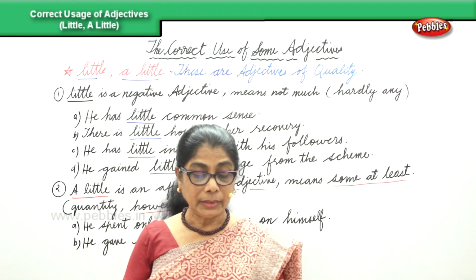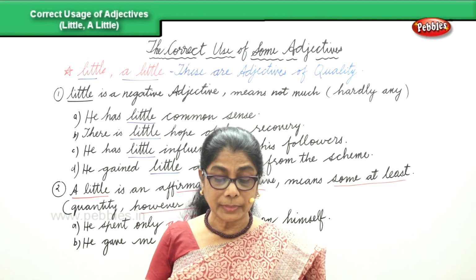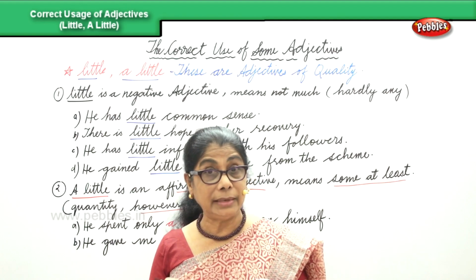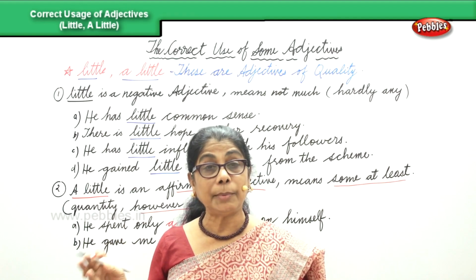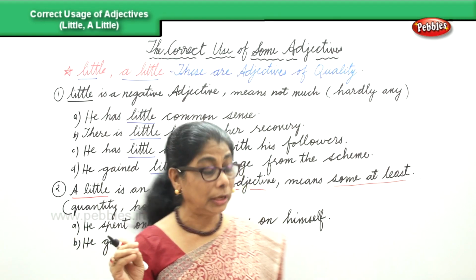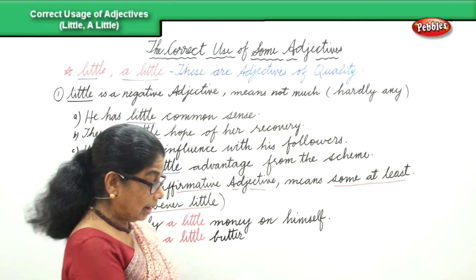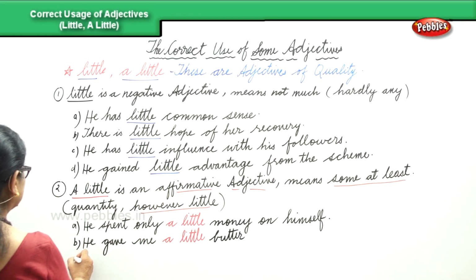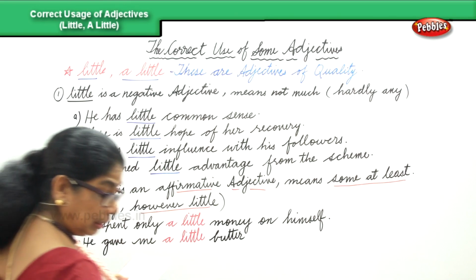Next. A little knowledge is a dangerous thing. So you won't know anything about it and you simply talk rubbish. So that's the third sentence I have for you.